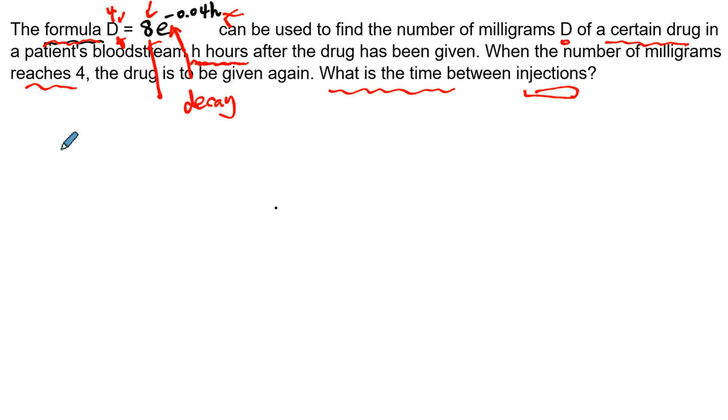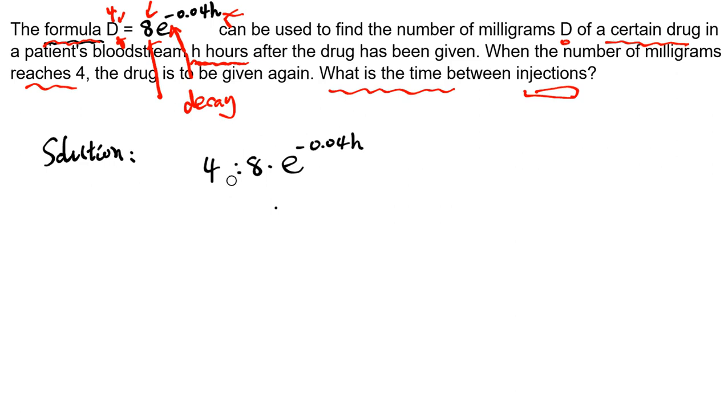So here is the solution. You are given 4 equals 8 times e to the negative 0.04 times h.